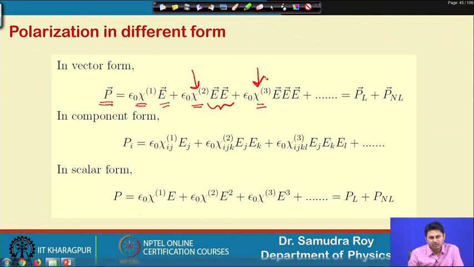If these are tensor quantities, then we need to write the E square, E cube terms in such a way that the entire component forms a vector. So, that is why we can say that the polarization is indeed a vector quantity. In order to have the sense that the polarization has some vector property, we normally use this form.